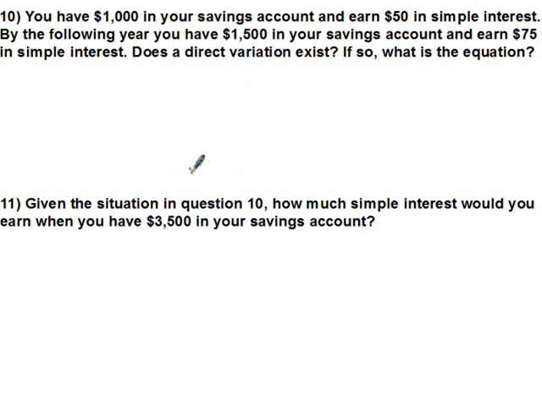You have $1,000 in your savings account and earn $50 in simple interest. The following year you have $1,500 in your savings account and earn $75 in simple interest. So again, we're going to plug into y equals kx and see if it fits. So 1,000 equals k times 50. If I divide by 50 on both sides, 1,000 divided by 50 is 20.